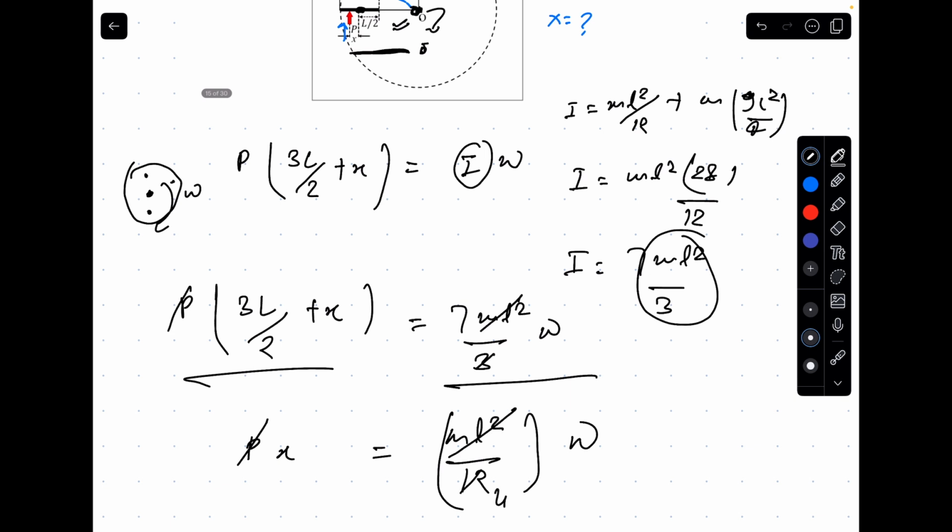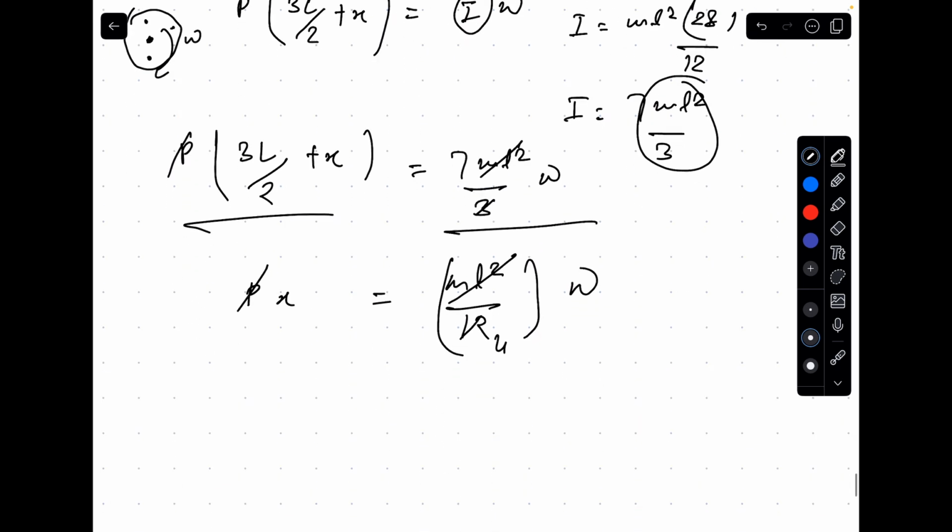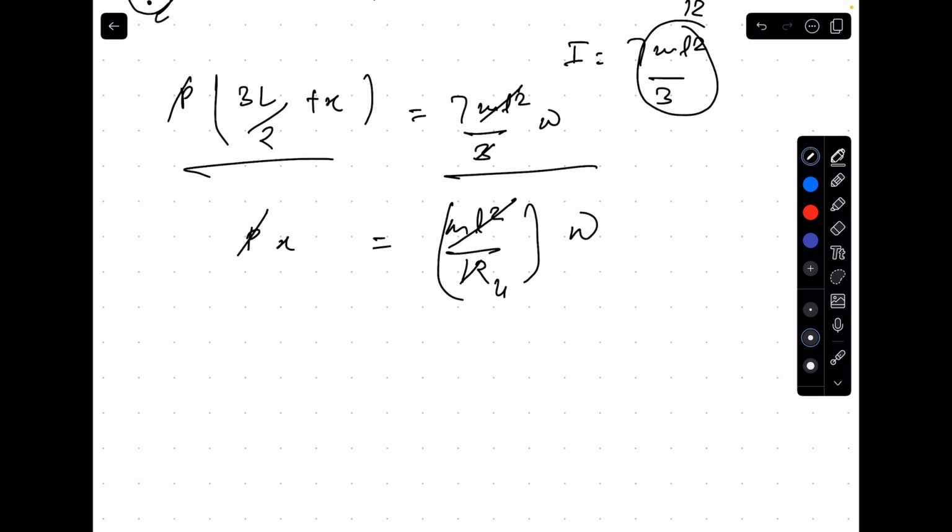3, 4. Right. So when we do the calculation, omega will be cancelled out. So 7x is equal to, now this 4 will go in the numerator.